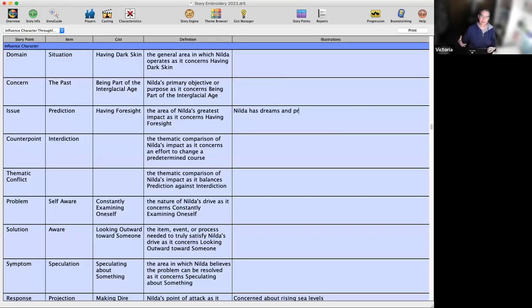And she's afraid because she sees something really bad happening with rising sea levels. That's why she's so preoccupied about it.